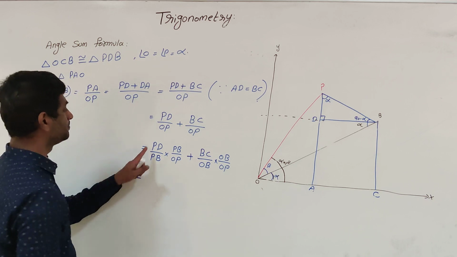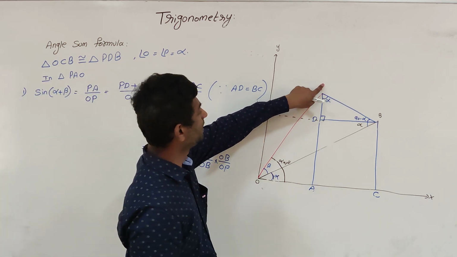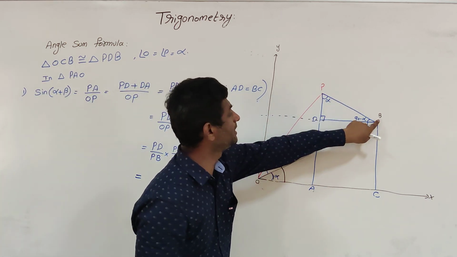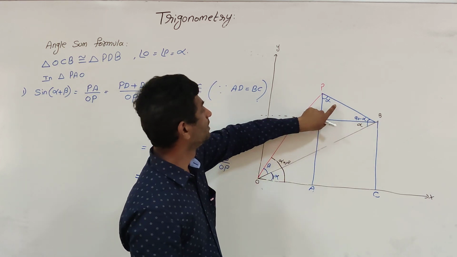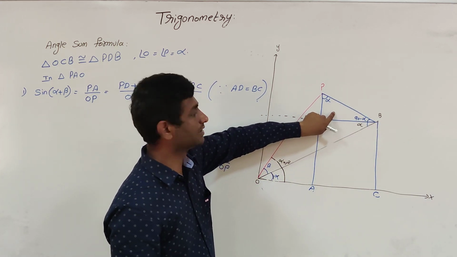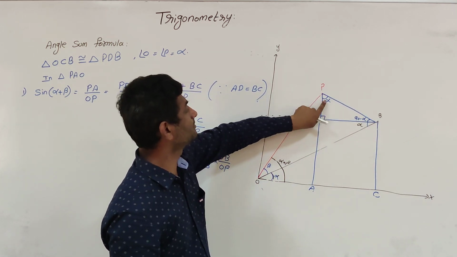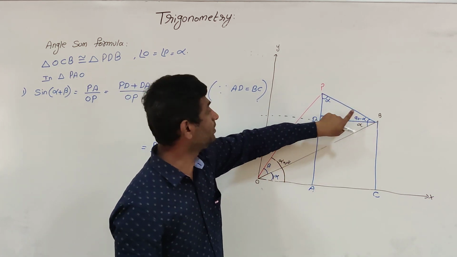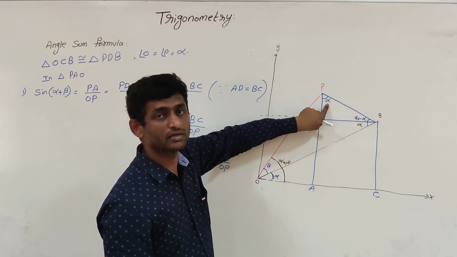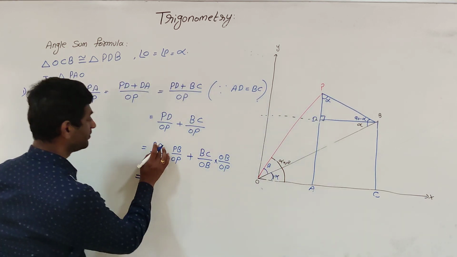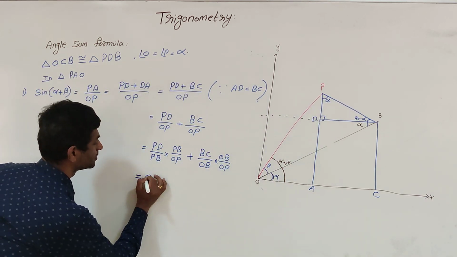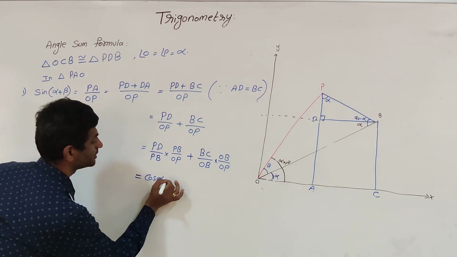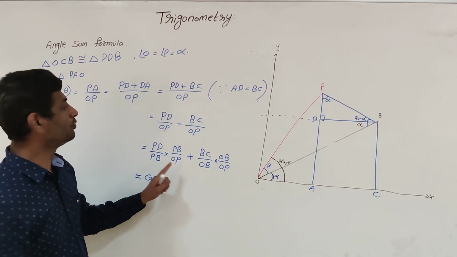Now coming to this PD by PB, if you consider this right angle triangle, PD is the adjacent side and PB is the hypotenuse for angle alpha. Means we can have the ratio as cos alpha into PB by OP.